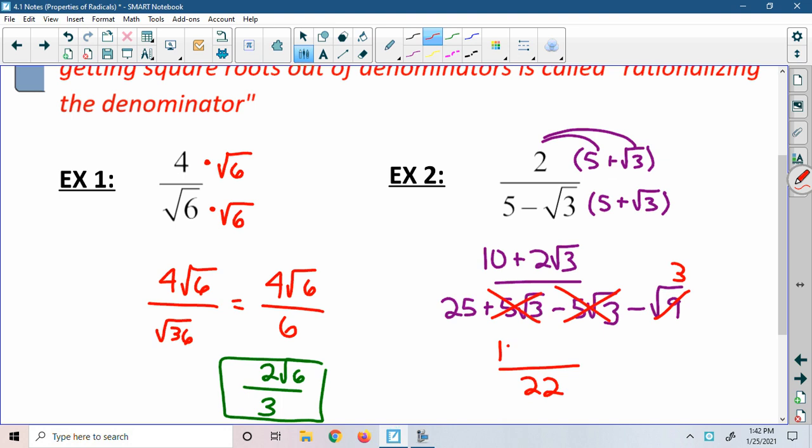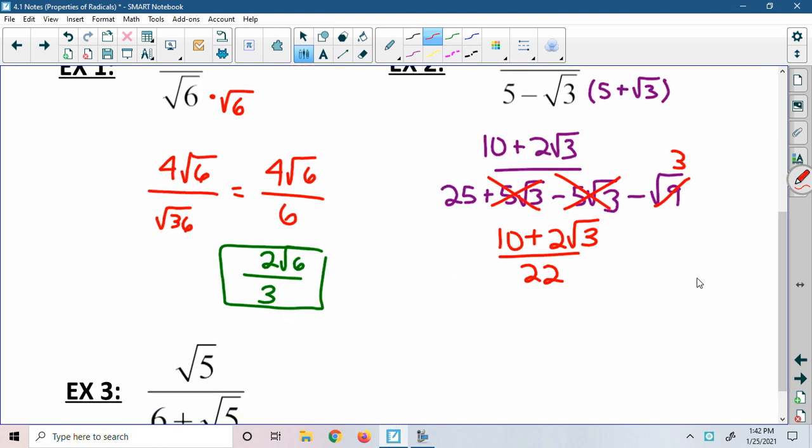Hey, we did our job. No more square roots in the denominator. Way to go. Now, let's see. On top, we could simplify this because all 3 of those terms, we could divide a 2 out and cancel that 2 out.